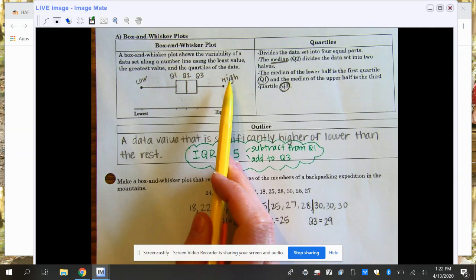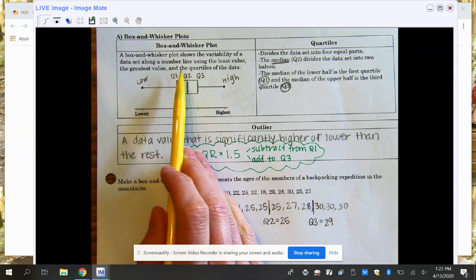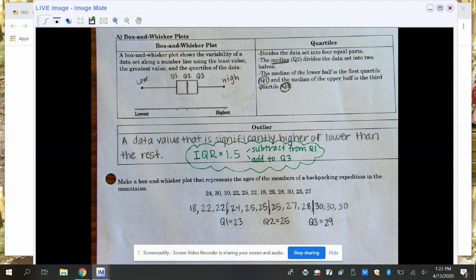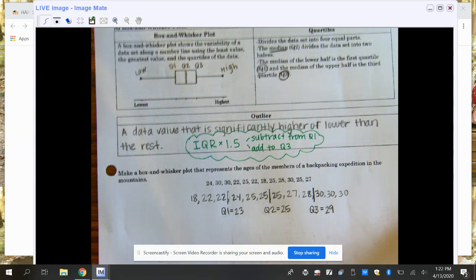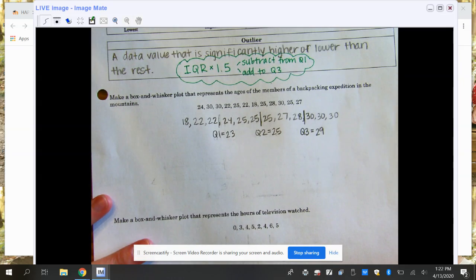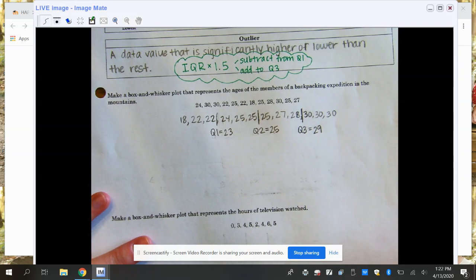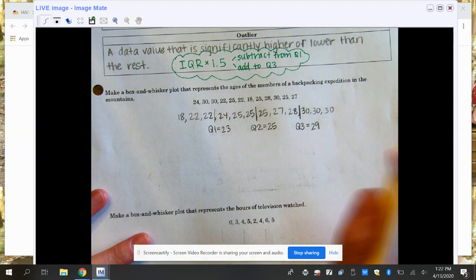All right, and so now what we need to do, I kind of skipped this part of the definition too. You always use a number line when you're displaying your data using a box and whisker plot. So the next thing we have to do is figure out what we want our intervals to be.